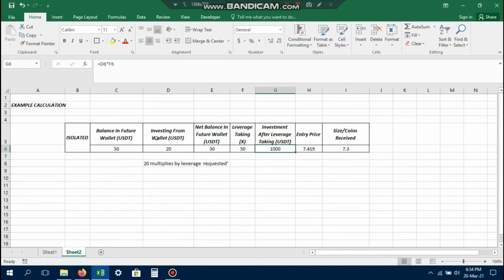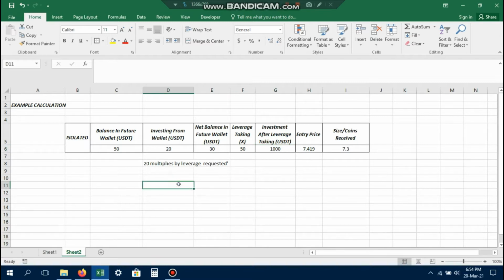Now just imagine that you had 20 USDT with you, you took the leverage of 50 and now it has become 1000.